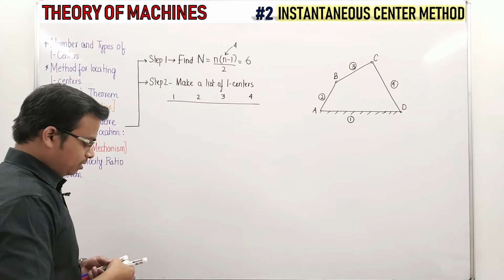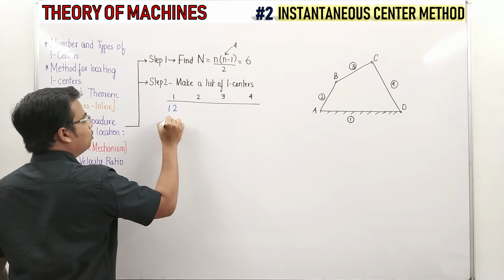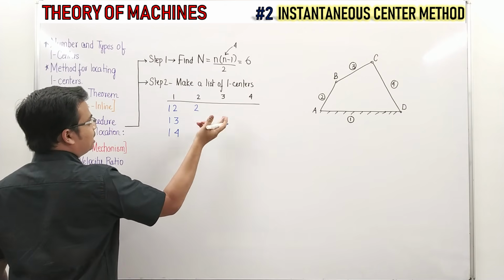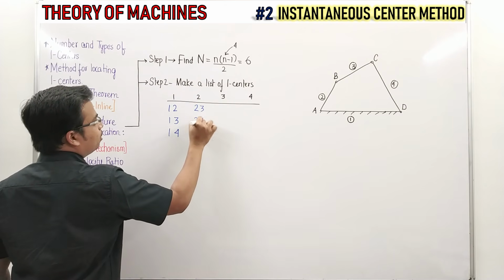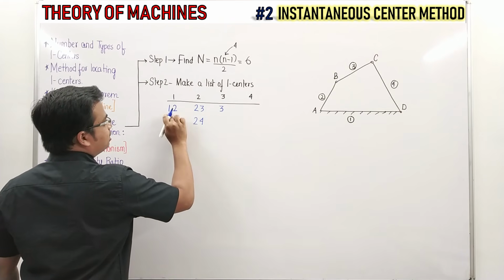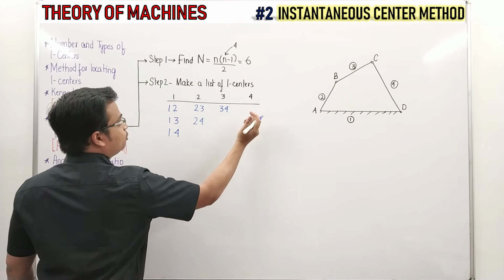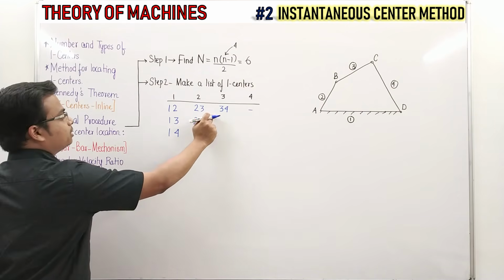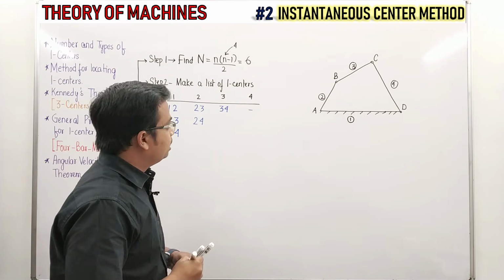Let me use a different color. 1 with 2, 1 with 3, 1 with 4. 2 with 1 is done. So 2 with obviously 3 and 2 with 4. Well, 3 with 1 is done, 3 with 2 is done. So 3 with 4 is left and we have nothing to follow. Okay, so there are 6 I centers. How do we place them one by one? That is something which we need to see.